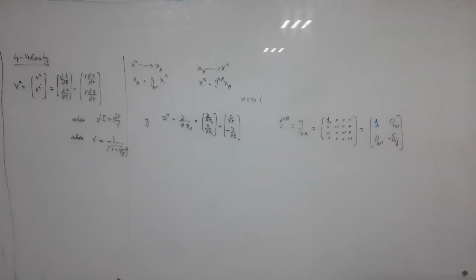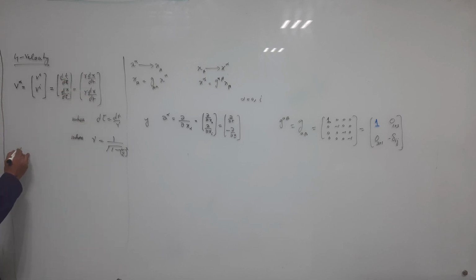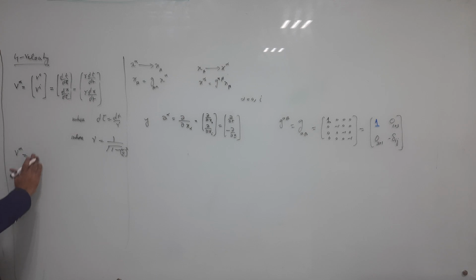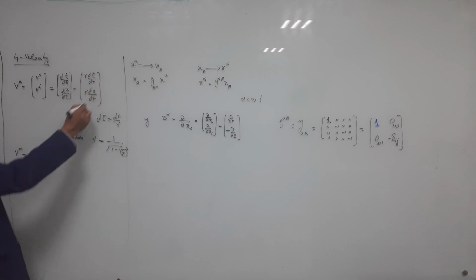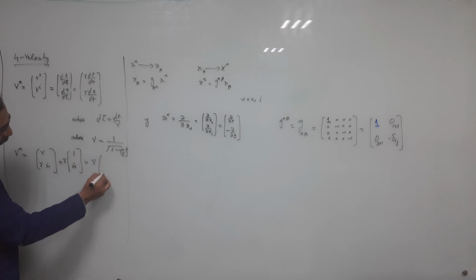By putting this value here, this becomes gamma. Sorry, this is dt. Derivative of t with respect to t will be 1, and this will be x with the x dot. You may write as gamma can be taken common, and that will be x dot. That will be gamma 1 V.